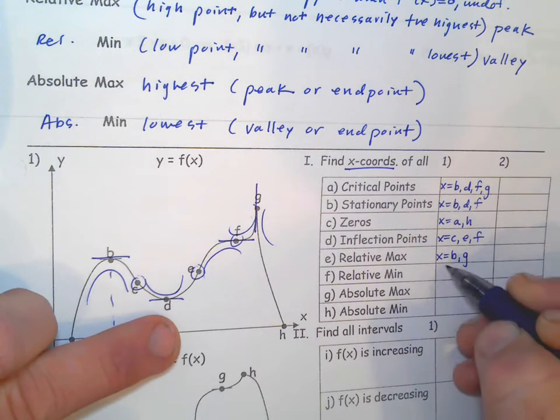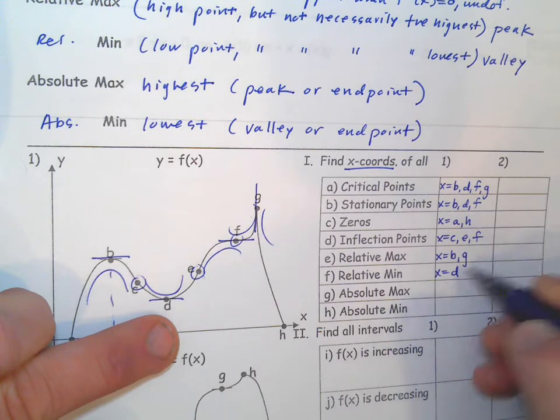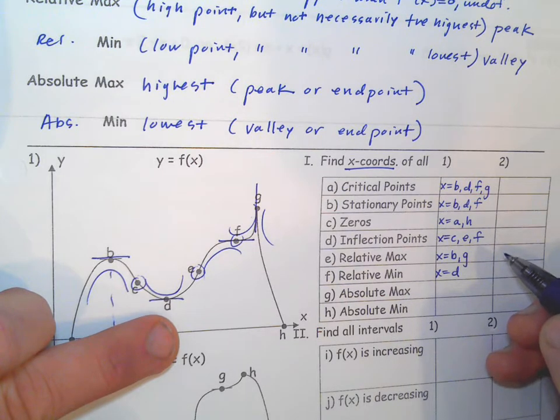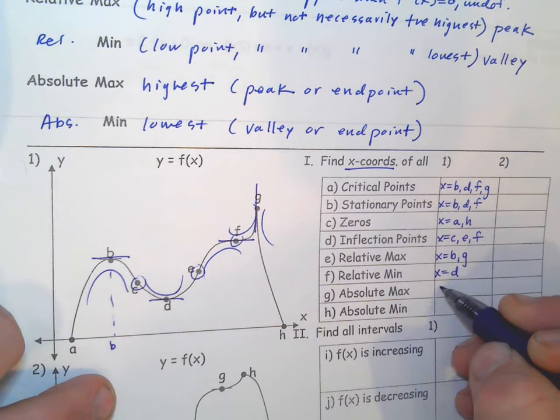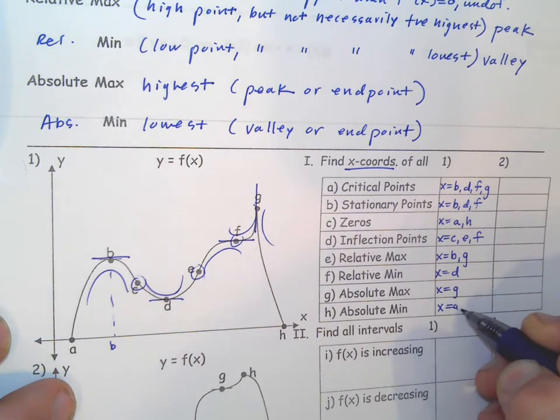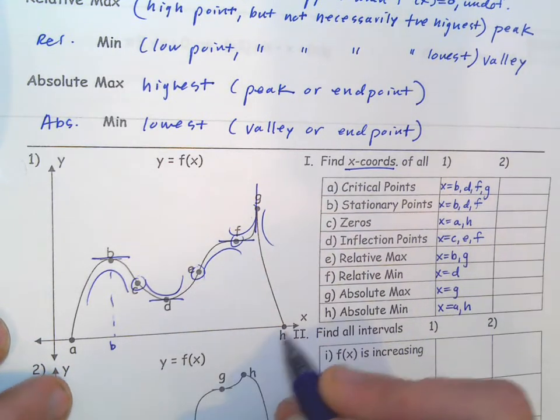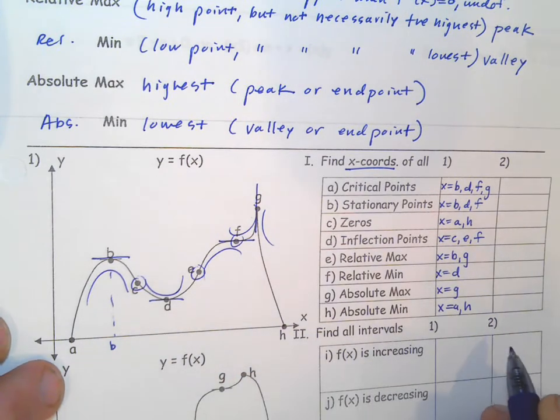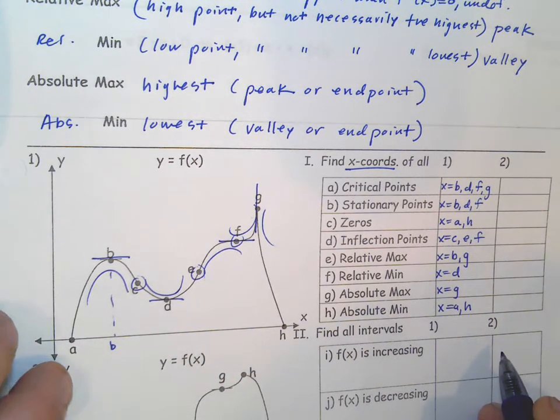Relative min would be D. That's it, just D. Absolute max is at G. Absolute min is actually at A and H. It's a tie. These are the lowest points of the whole graph, right? So the absolute min did not happen at a valley.